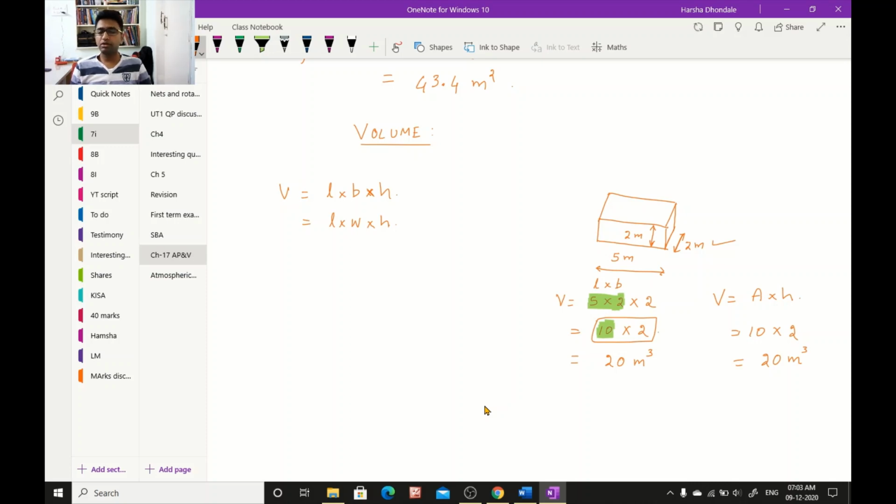If you use this logic, let us consider a rectangle. Let us say this is 3 centimeters and 10 centimeters.